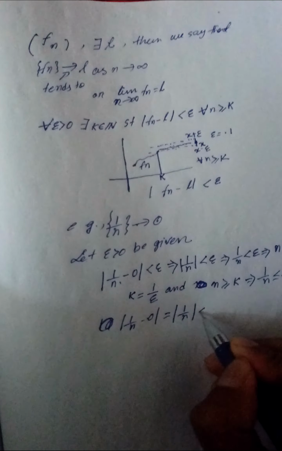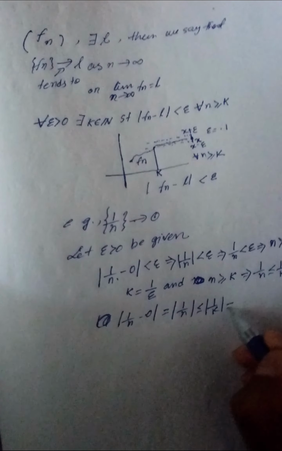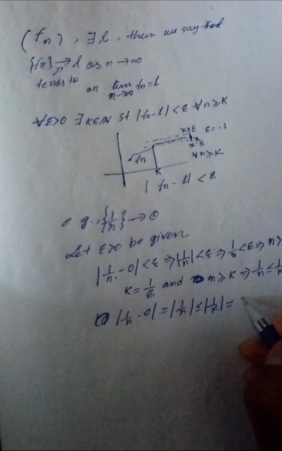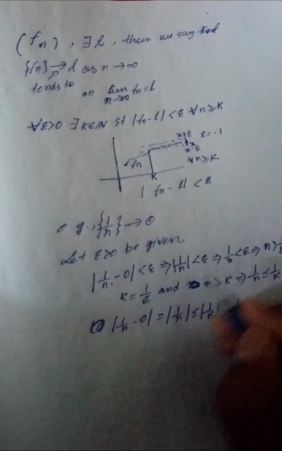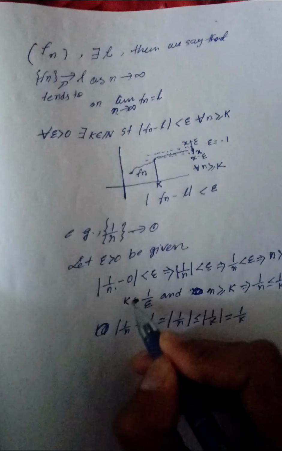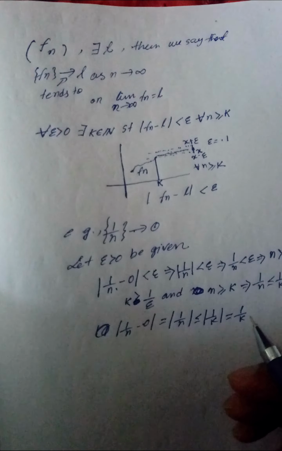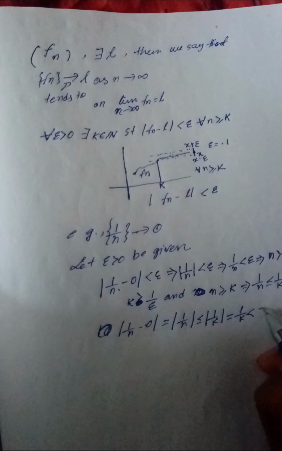So modulus of 1 by n is less than or equal to modulus of 1 by k. We can discard the modulus as previously explained. So we have 1 by k, but k is greater than 1 by epsilon. So in this case 1 by k is less than epsilon.